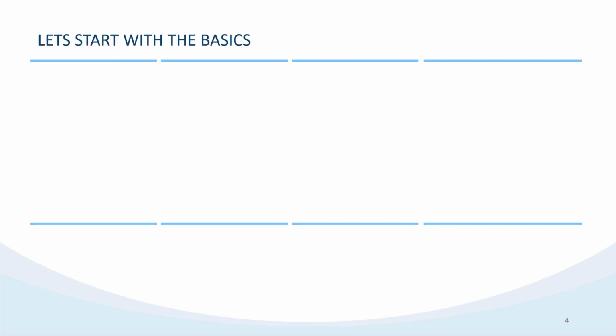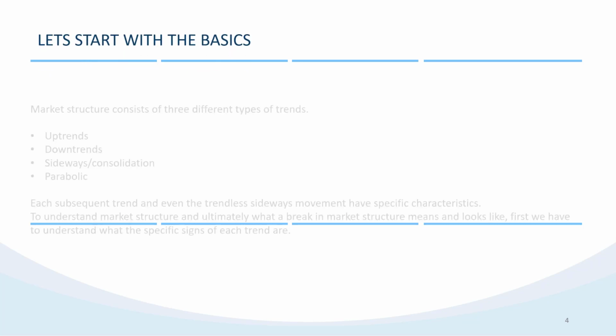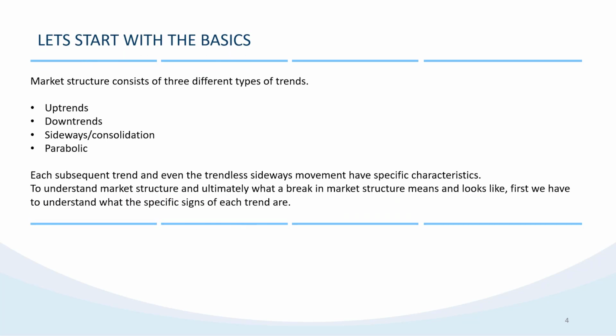So let's start with the basics, right? So what is market structure? Market structure consists of different types of trends. We've got uptrends, we've got downtrends, we've got sideways, also known as consolidation or a ranging trend.